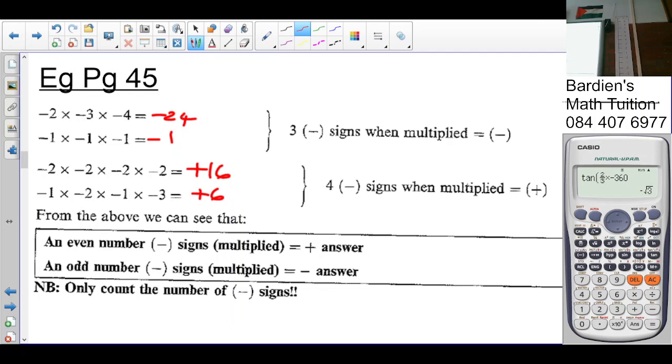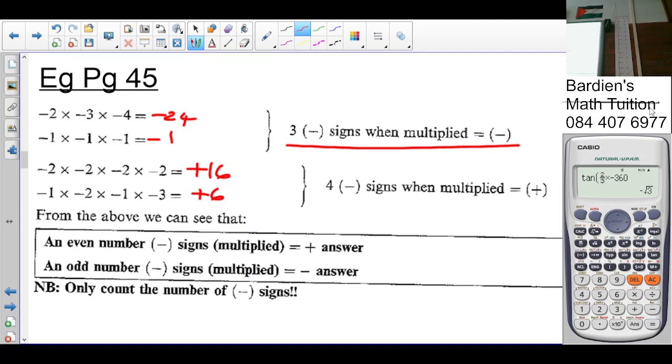Alright. Here we are given a note. 3 negative signs when multiplied is equal to? Negative. 4 negative signs when multiplied will give you a? Positive. Now what if there were 5 signs? Negative. 6 signs? Positive. 7 signs? Negative. 8 signs? Positive. 9 signs?